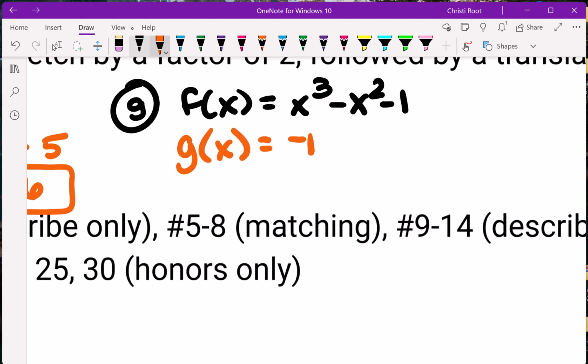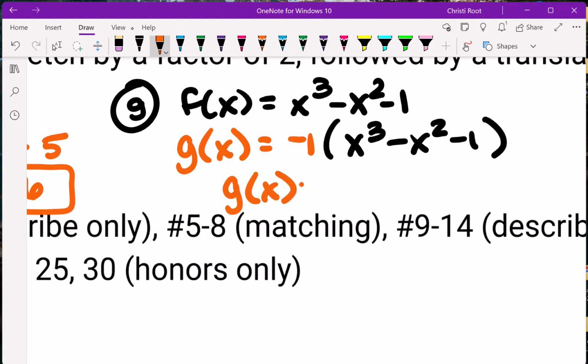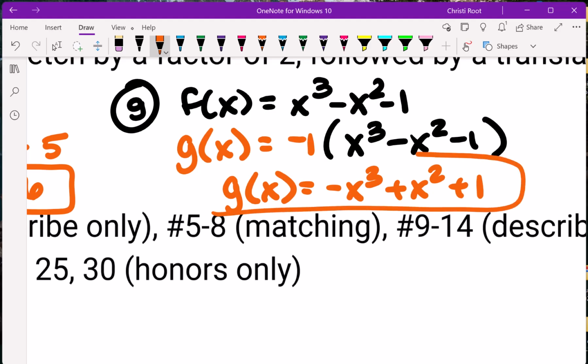You put a -1 out in the front, and you've got to multiply all of the function. See how I put it in parentheses? So your final answer is going to be -x to the third plus x squared plus 1. You've got to multiply the whole entire function by -1. So you've got to be really careful if you're manipulating anything that has more than one term.